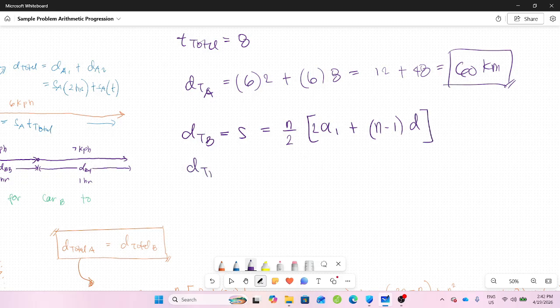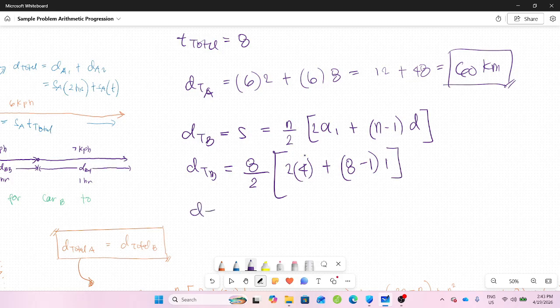The total traveled by car B, n here is the total time, 8. The first term, car B started at the speed of 4, and then n is 8 minus 1, and d here is simply 1.